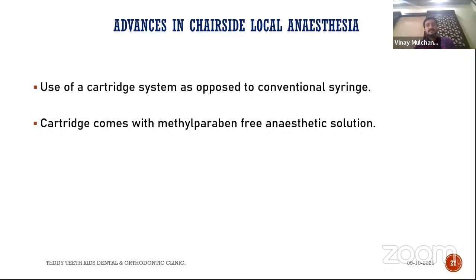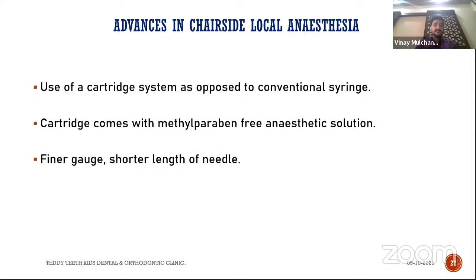The otherwise local anesthetic solutions which we use have preservatives like metabisulfite and methylparaben. But certain children could be allergic to paraben, and we don't know, although we take a thorough medical history, sometimes parents are unaware. This is rare but can happen. So we eradicate that risk factor by using a cartridge which is paraben free.